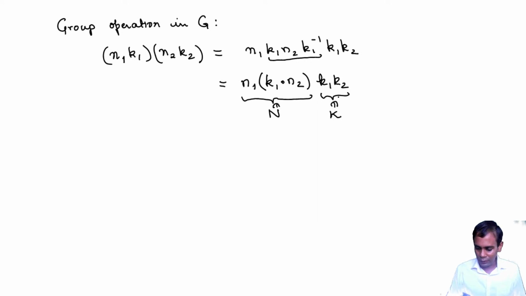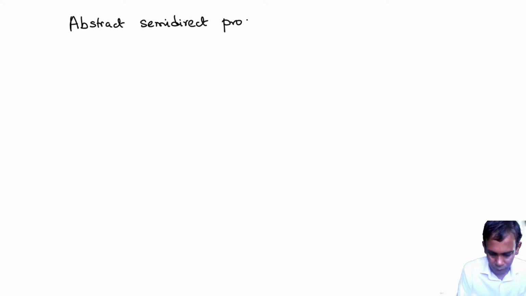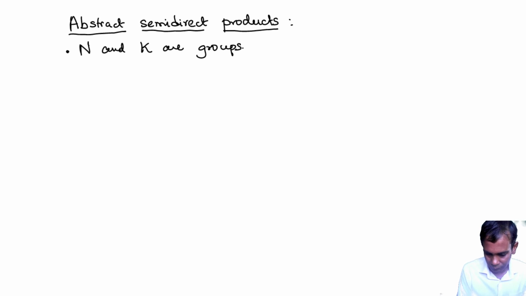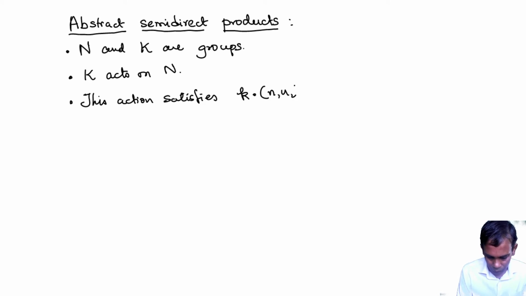Now what we can do is we can turn these observations around to give a new way of constructing groups, and these are called abstract semidirect products. So in this, let's just start with, now we don't have a group G to start with, what we have is two groups N and K. Okay, what's more, we have an action of K on N, and this action satisfies the condition that k dot n1 n2 is k dot n1 times k dot n2.